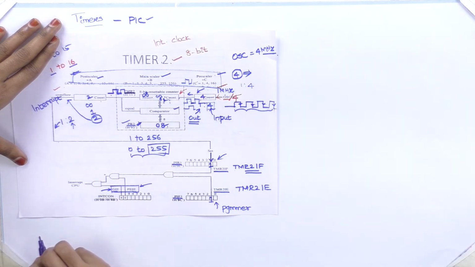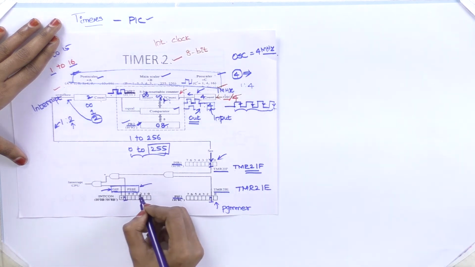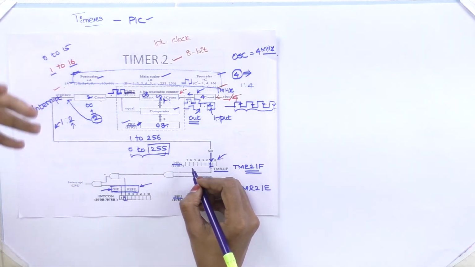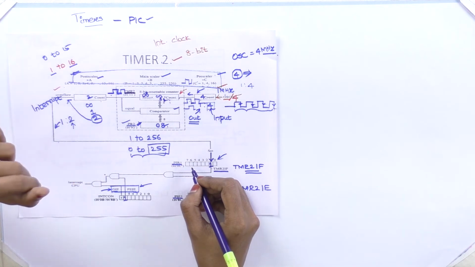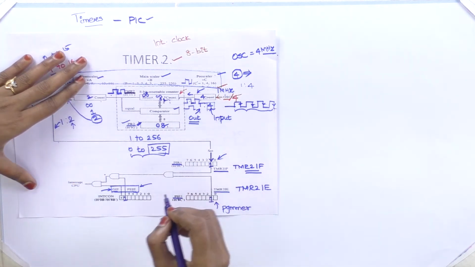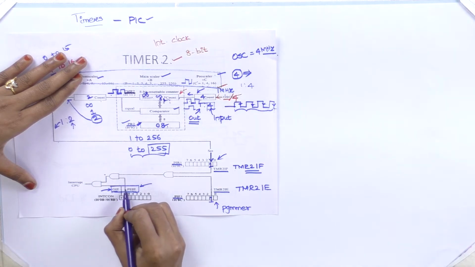The PEIE bit should be enabled for all the timer interrupts and analog to digital converter interrupts. This is a must. This bit resides in the INTCON register, interrupt control register. In that, bit number 6 is PEIE and bit number 7 is global interrupt enable.